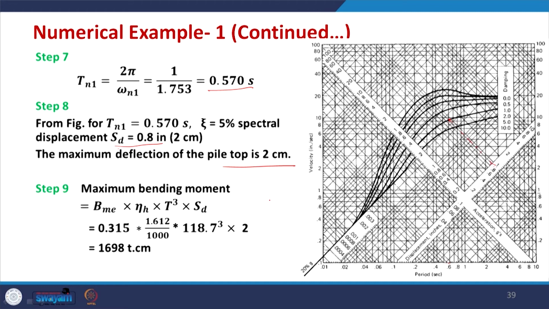For that case BM is 0.315 from the table which we have discussed, eta h has been given, T has been calculated, and eta h has been divided by 1000 to make it in ton. Then you put the number, the spectral displacement is 2, and finally the maximum bending moment comes out to 1698 ton centimeter.